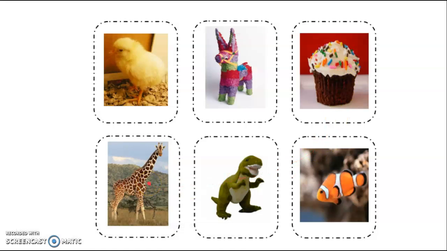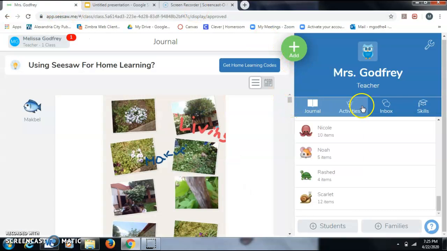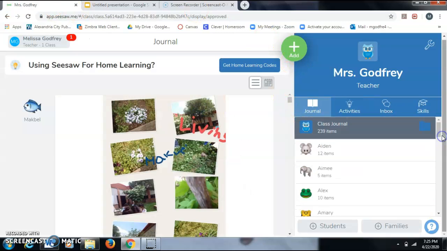After the explicit instruction component of the lesson, the students then apply their knowledge by going outside using iPads and taking pictures of living and non-living things that they saw in their world. Students used Seesaw to take the pictures. Every student in the class has their own platform.